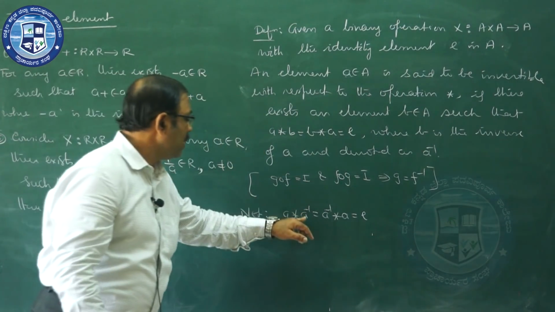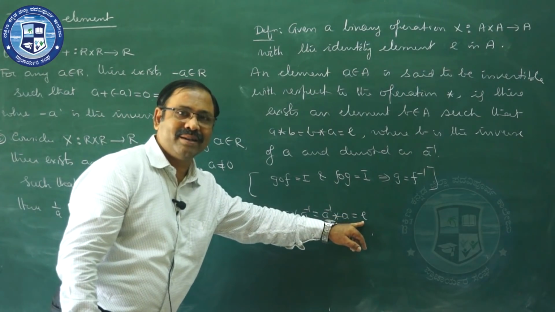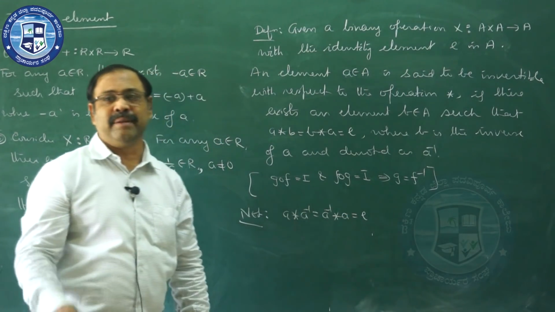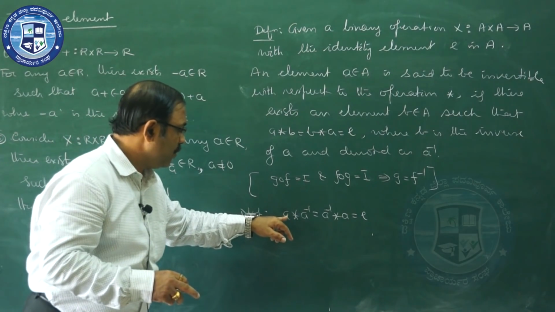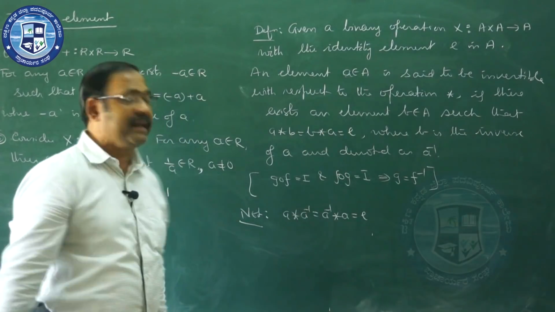That means when you operate any element with its inverse, you have to get the identity element.